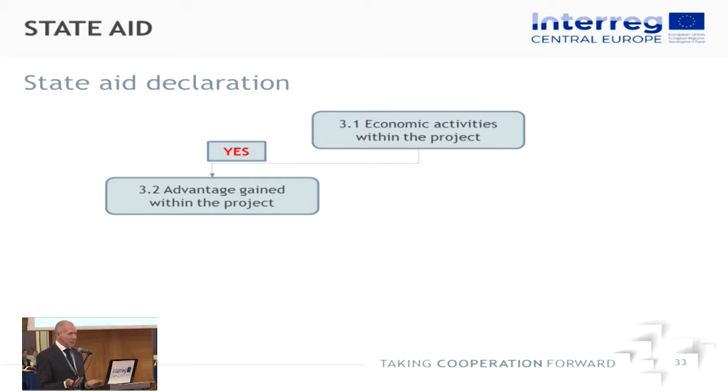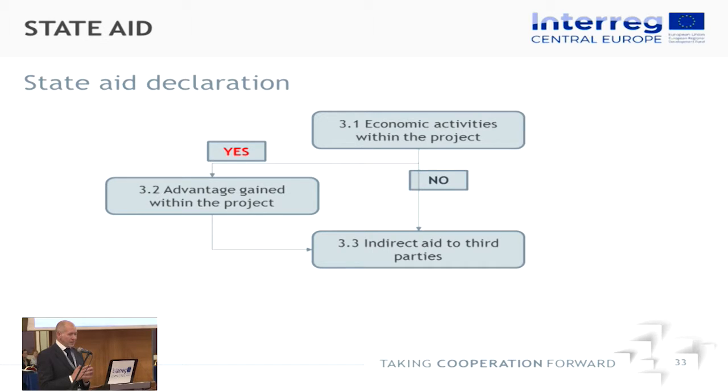Please check on our website, where we just specified in the title of 3.2 that it is to be filled in only if any of the questions under 3.1 are marked as yes. This is the only change which took place in the template. Then, as a next step, you have to fill in section 3.3, which is informing on aid given to third parties.